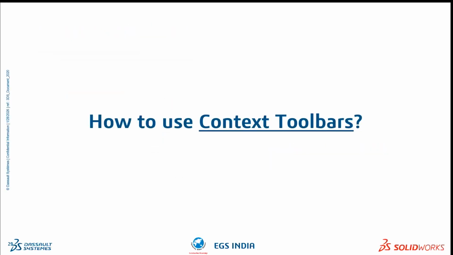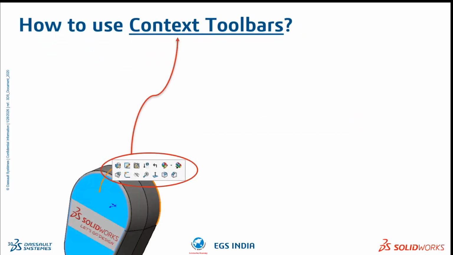Now, how do we use our context toolbar in the graphics area? Once we activate the context toolbar, it will appear near the cursor when selecting an entity or a feature in the feature manager design tree or any faces in the graphics area.